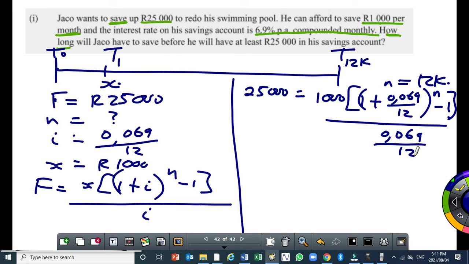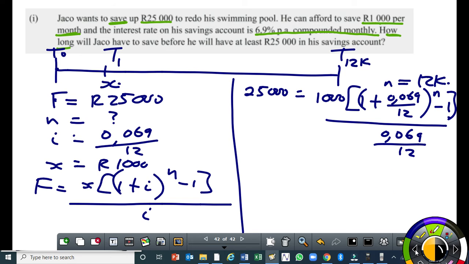Next thing now, we want to calculate n. So my suggestion would be to multiply this value by 25,000. Then the product, the answer that you get, divide it by 1,000.